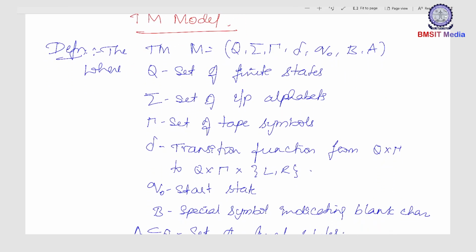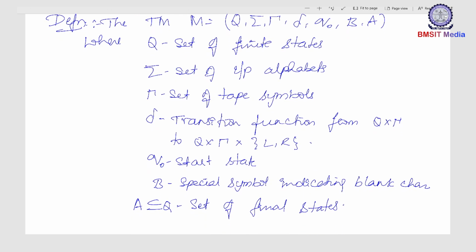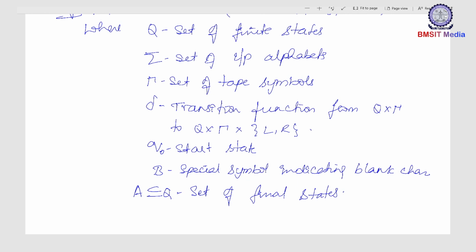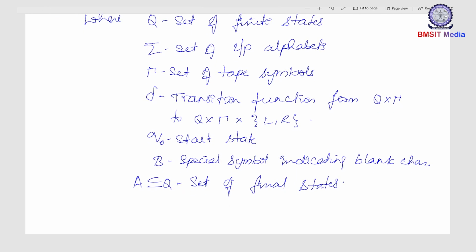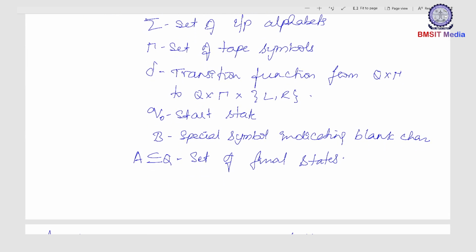Now, the definition of the Turing machine. This Turing machine is also a 7-tuple: Q, sigma, tau, delta, Q naught, B, A. I repeat, Q, sigma, tau, delta, Q naught, B, A, where Q is the set of finite states, sigma is the set of input alphabets, tau is the set of tape symbols, delta is the transition function from Q cross tau to Q cross tau cross left comma right, indicated as L comma R. Q naught is the start state and B is a special symbol.